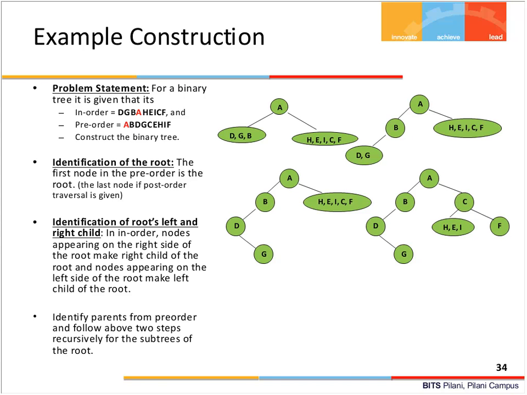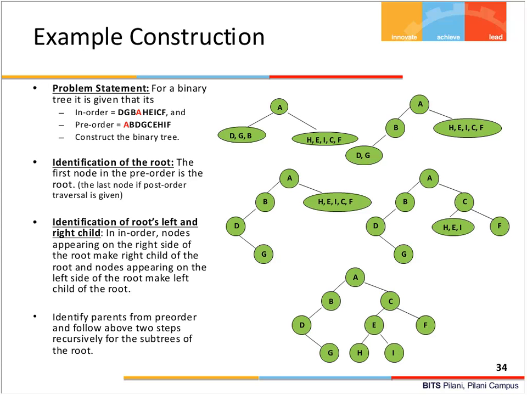Okay. And what is the relationship among HEI? If I see E in the in order, H and I, right? So if I take E, H is occurring on the left of E and I is occurring on the right of E. Okay, so E will be the root, H will be its left child and I will be its right child.